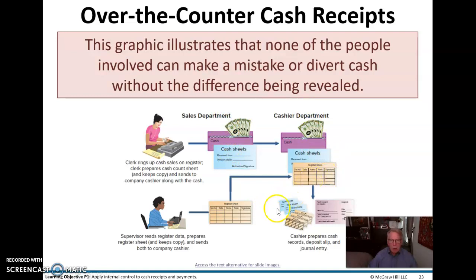We have our register sheet, our cash sheets. The cashier prepares the cash records, deposit slips, and journal entry. A supervisor checks that to make sure that everything is running beautifully, and then our accounting people ring up those cash sales on a register and prepare the cash count sheet, etc. So it's a nice system that they show here.